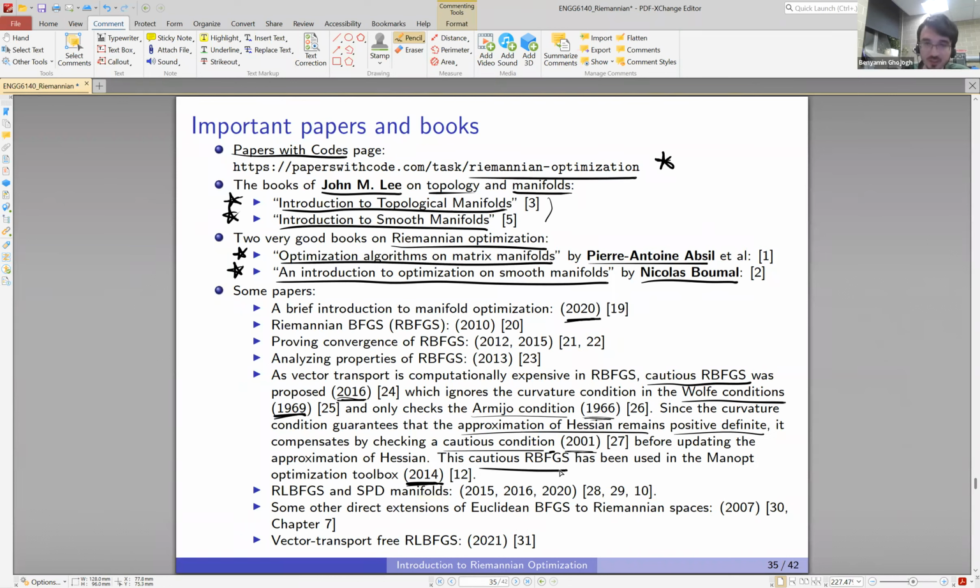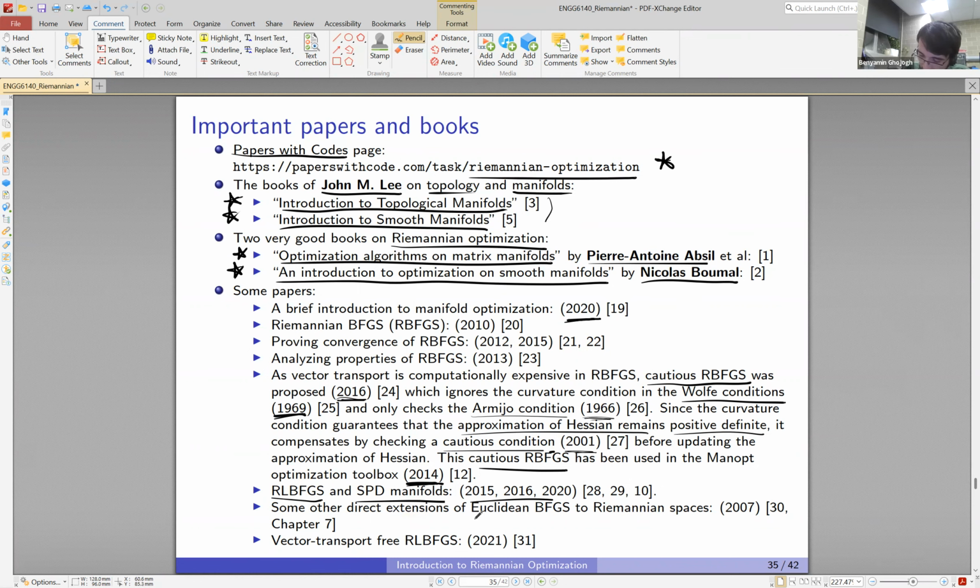Nowadays, it has cautious RBFGS. RLBFGS and SPD manifolds, you can see them in these papers in 2015, 16, and 2020. Mostly they are talked about by Professor Sra and Professor Reshad Hosseini.